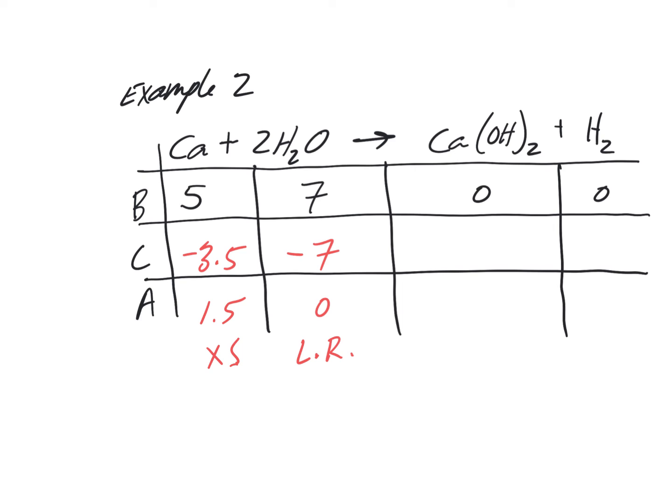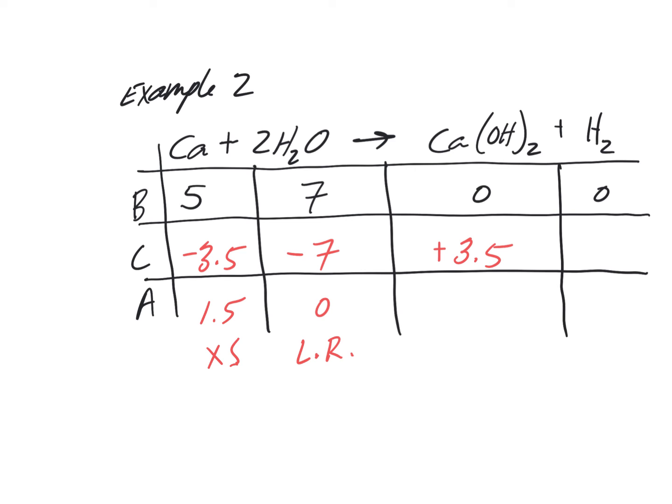So how much stuff can we make? Since for every 1 calcium, I can make 1 calcium hydroxide, and for every 1 calcium that I use, I can make 1 mole of hydrogen, both of those answers are going to be 3.5. It's a 1 to 1 ratio. For every 1 calcium that I use, I will make 1 calcium hydroxide.